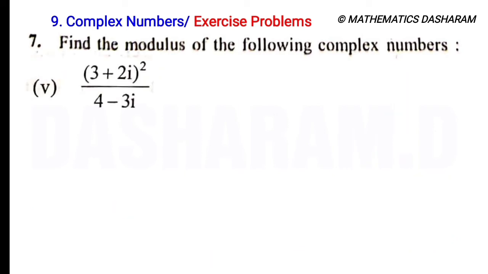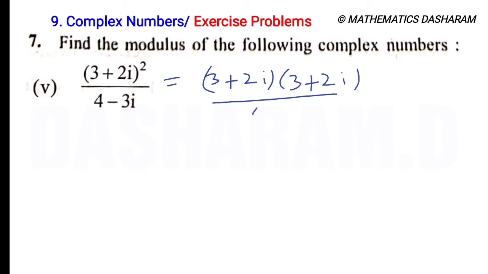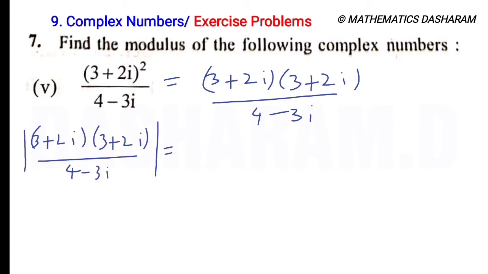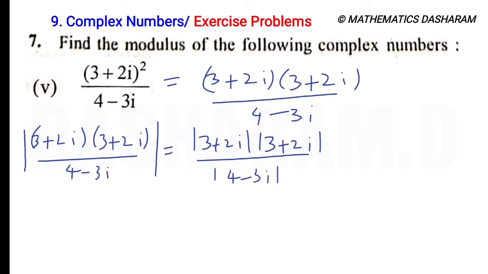Fifth question, 3 plus 2i whole square divided by 4 minus 3i. So 3 plus 2i whole square can be written as 3 plus 2i into 3 plus 2i divided by 4 minus 3i. Now apply the mod for 3 plus 2i, again 3 plus 2i, by mod 4 minus 3i.